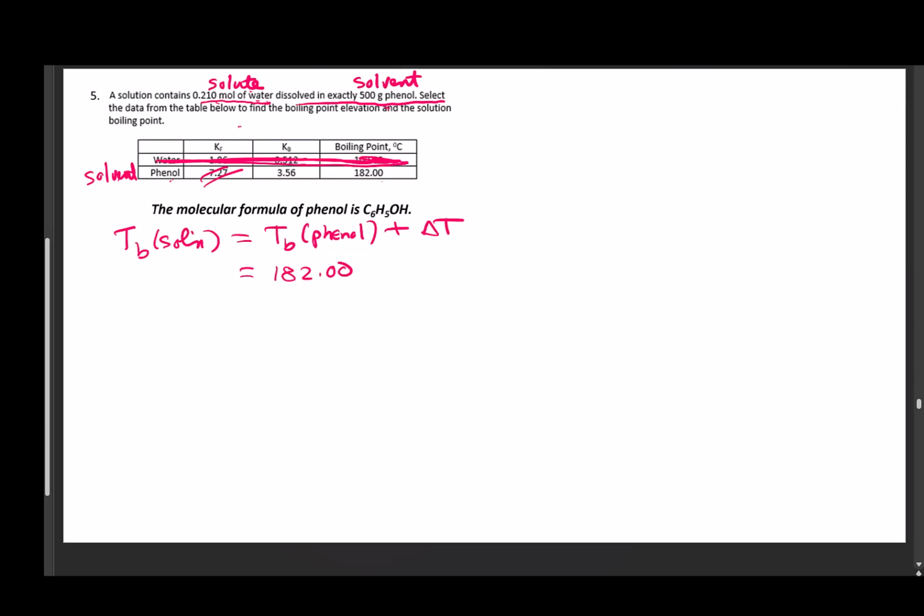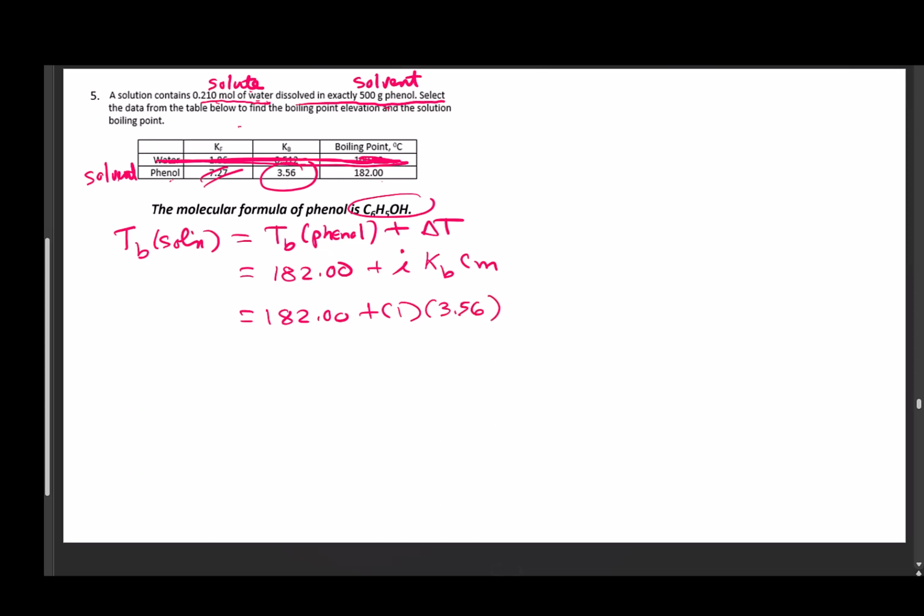And our delta T then is going to be i Kb times Cm. So that's 182.00. Phenol is a carbon-based compound, so i is automatically equal to 1. The Kb here is 3.56.